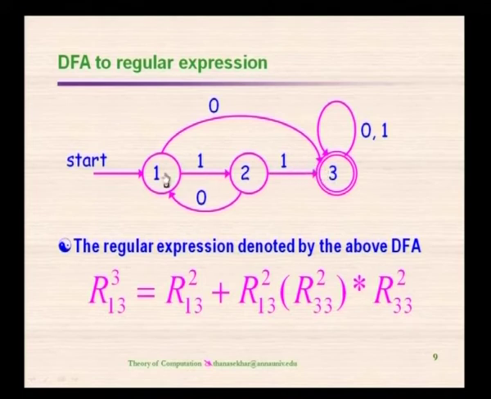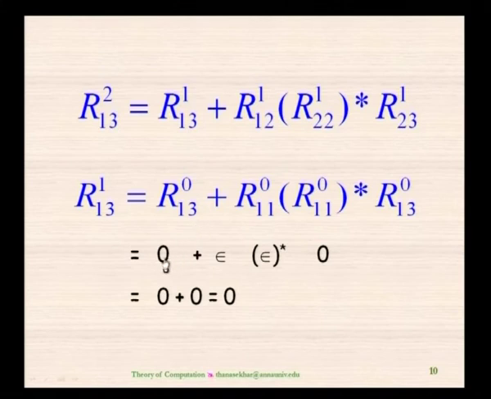We have a transition from 1 to 3, but what is its label? It is 0. So, the regular expression denoted by R1 to 3 with 0 on superfix is exactly the label available on the path from 1 to 3, that is nothing but 0. So, that is why we have 0 as far as R130 is concerned.